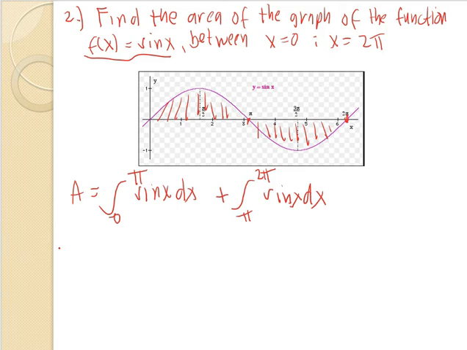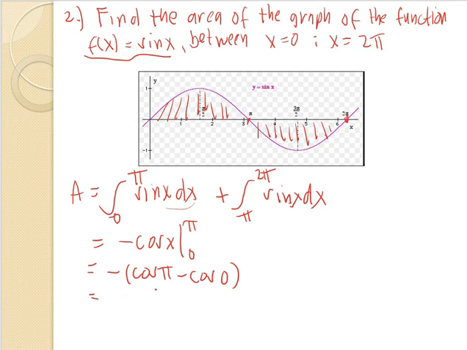Okay? So first, we will compute for this one. No? So the integral of sine x dx is negative cosine x from 0 to pi. We place the negative sign outside, then substitute the upper limit pi to x first. So cosine of pi minus cosine of the lower limit, which is 0. So we compute this using a calculator.